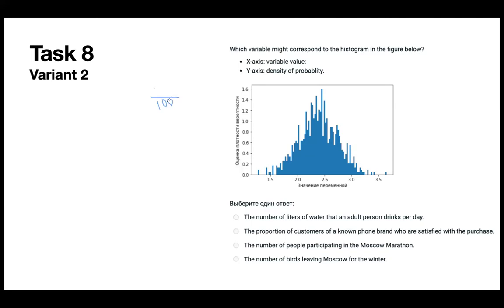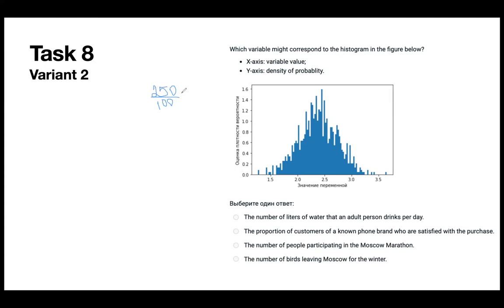I'm sorry for that. So our proportion can be just bigger than 1, because we can have, for example, wait a minute, 2,500 people that were satisfied with the purchase out of 100.